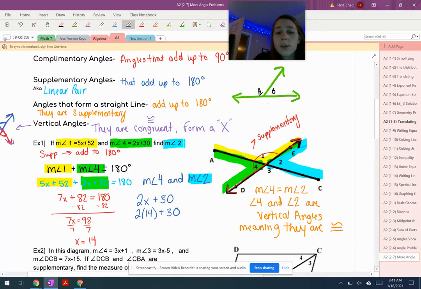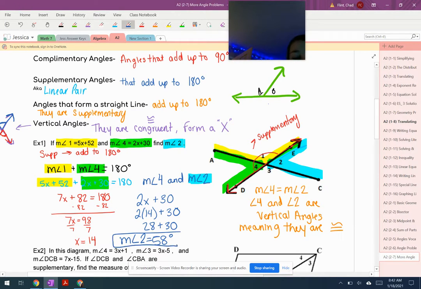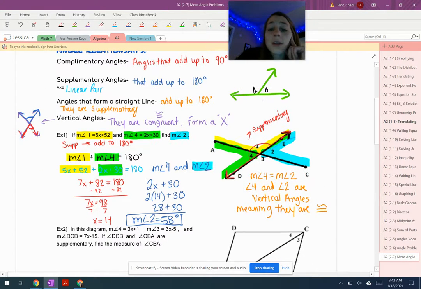And okay, 2 times 14 is 28. 28 plus the 30 gives me 58 degrees. So the measure of angle 2 is equal to 58 degrees. And that's it, that's all. Make sure when you're doing these, you are writing down the relationships you're using, like I did over here with the vertical angles.